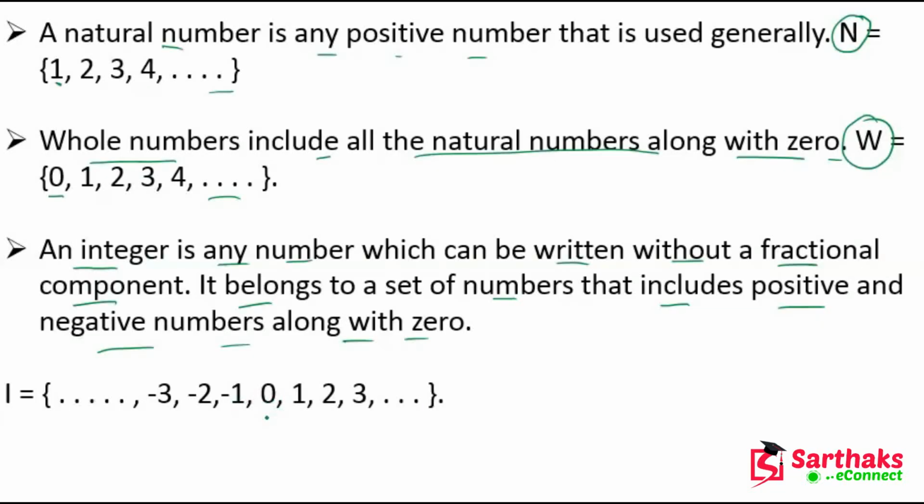Like here you can see 0, 1, 2, 3, 4 and so on till infinity, and on the left it is -1, -2, -3 and so on. These are the integers. Here you can see positive integers and here negative integers. Got it? Understand?